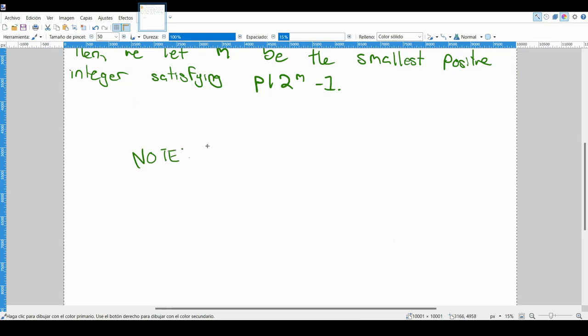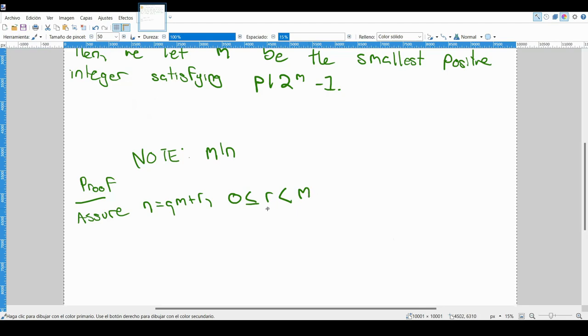we will note that m divides n. And to show this, assume that n equals qm plus r, where r is greater than or equal to 0 and strictly less than m. Therefore, we know that 2 to the n minus 1 can actually be written as 2 to the qm times 2 to the r minus 1. p divides the value 2 to the m minus 1 by our assumption that m was the smallest value satisfying this equation.